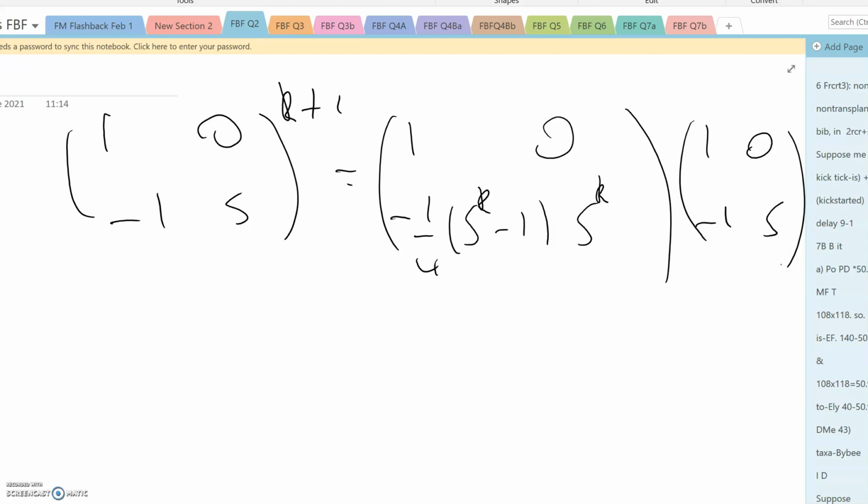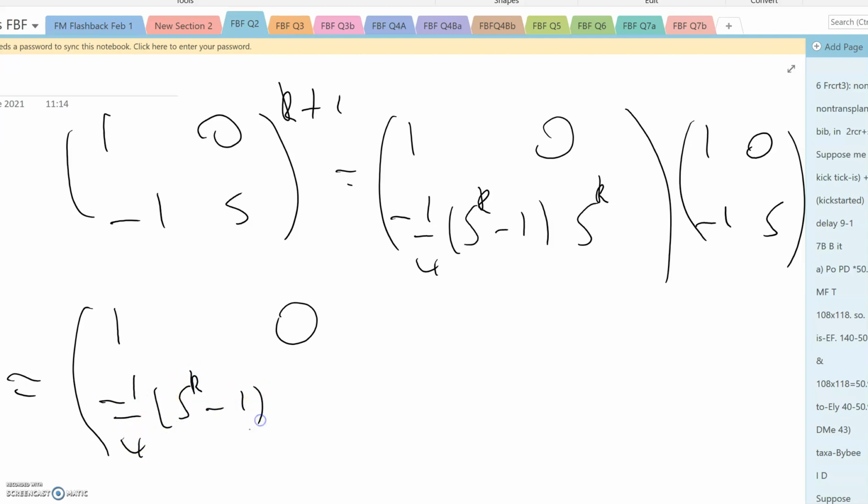If we check out the top left, it comes to 1. Top right, 1 times 0, 0 times 5 comes to 0. If we check out the bottom left, this is the most complicated one. So 1 times minus a quarter times 5 to the k minus 1, and then minus another 5 to the k.